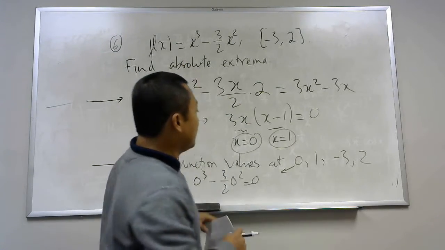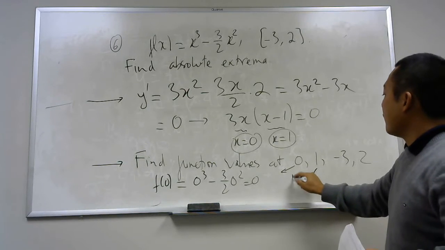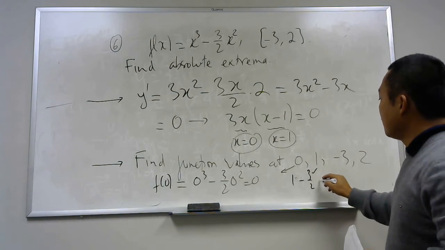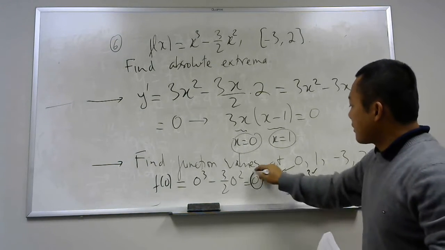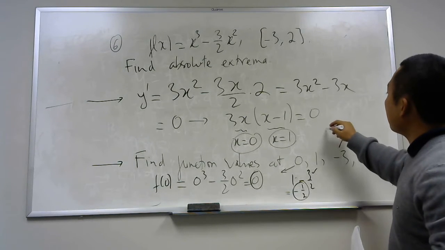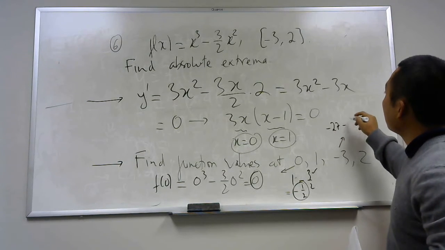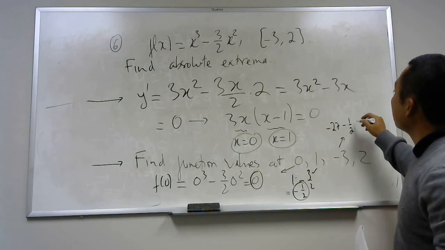Similarly, you can find f of 1. I plug 1 into this. I get 1 minus 3 over 2, which is -1 over 2. I circle 0, -1 over 2. And then I plug -3 into that. I get -27 minus 1 over 2.